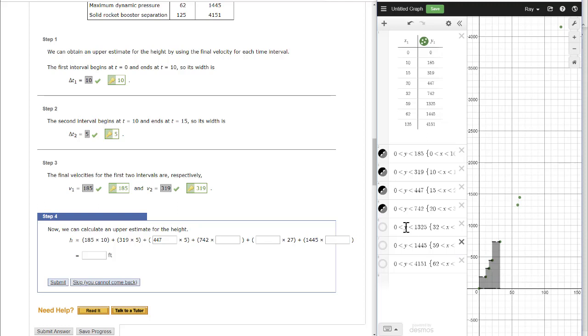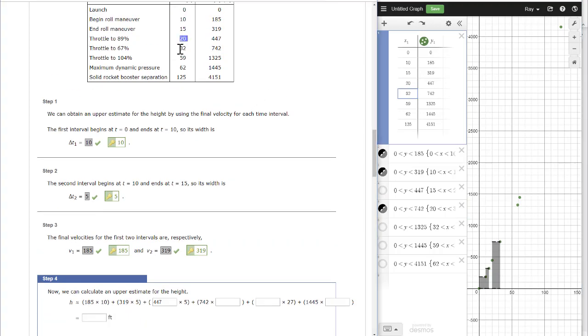For this one, the width is whatever this distance is in the base. That goes from 20 to 32.